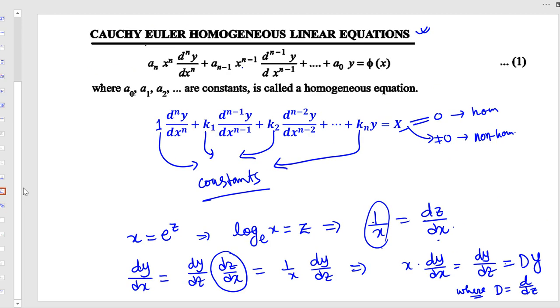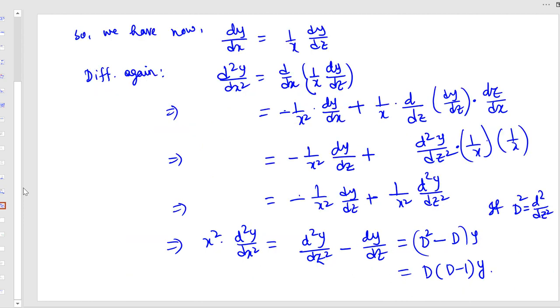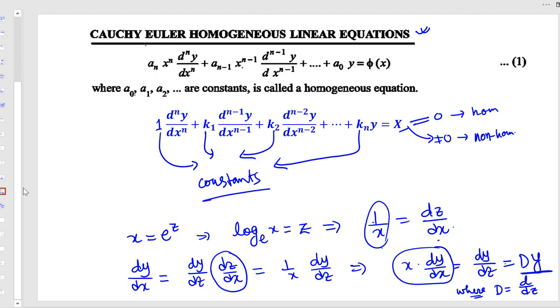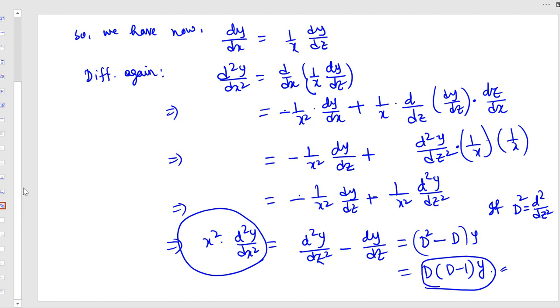Earlier we had seen this is Dy. In place of x into dy dx, we will substitute Dy, and in place of x square into d2y by dx2, we will substitute this one. So these two we will need.